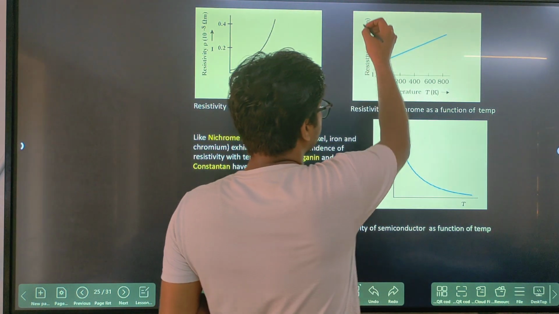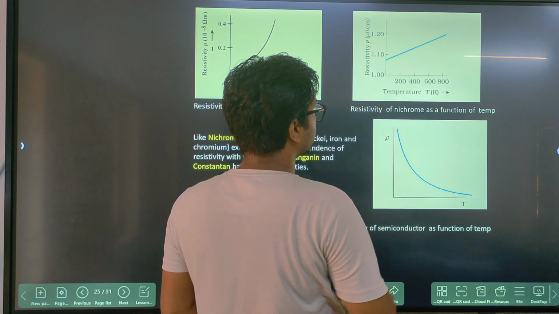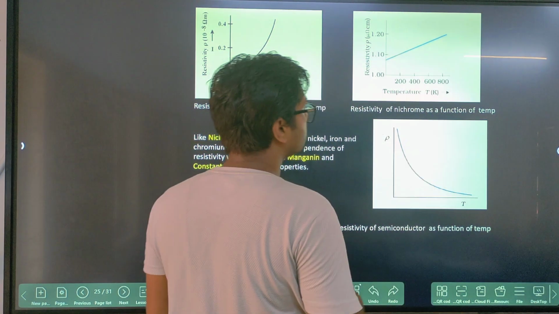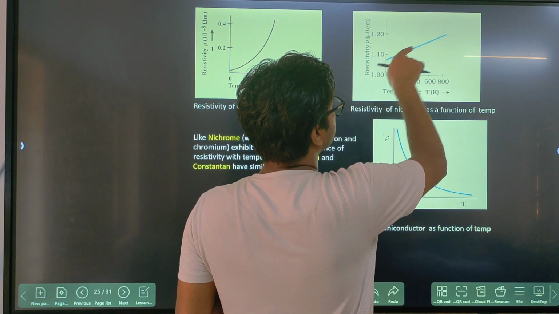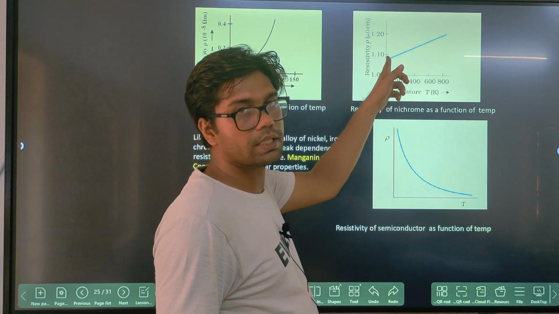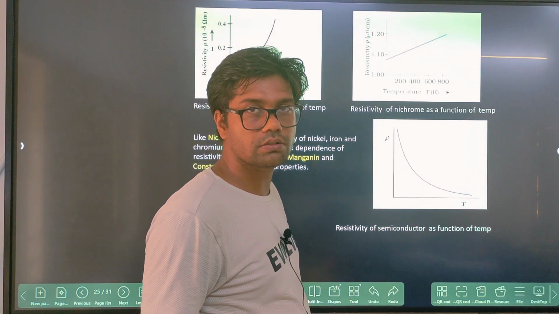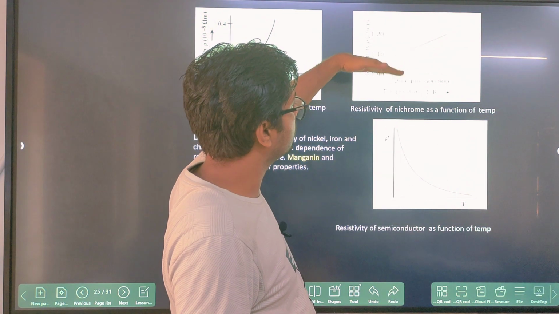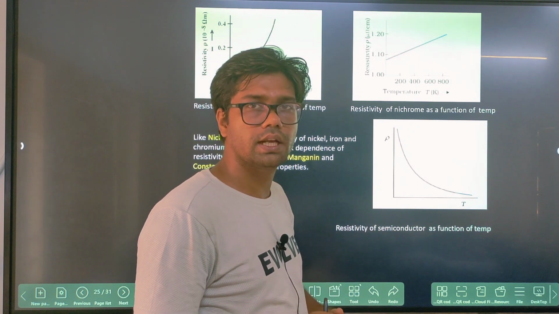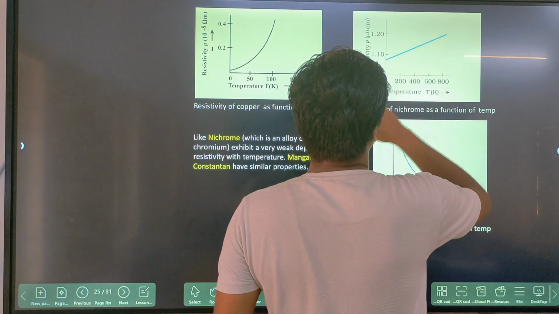This side it is resistivity and this is temperature. This is the resistivity of nichrome as a function of temperature. You see the resistivity is like a straight line, and at 0 temperature there will be some resistivity existing here. It's not like at 0 its resistivity is 0. Just remember that at 0 also there will be some finite resistivity, because of the random motion of the electrons, right?